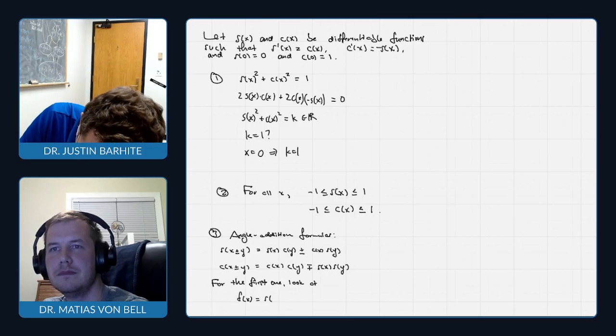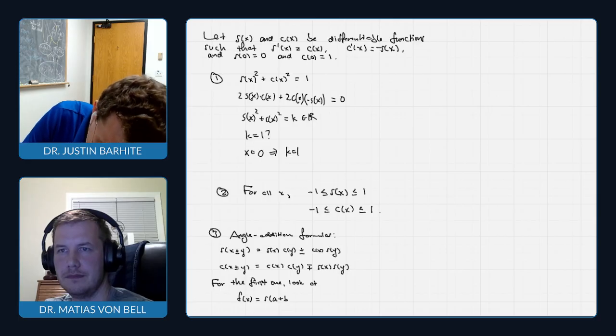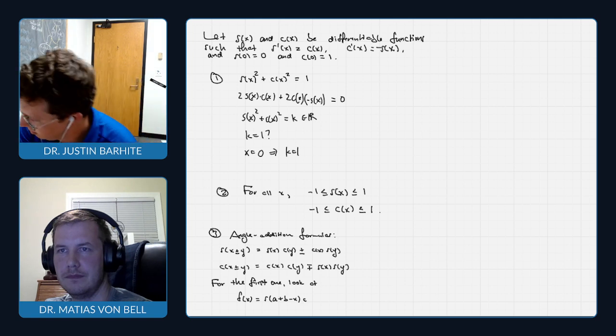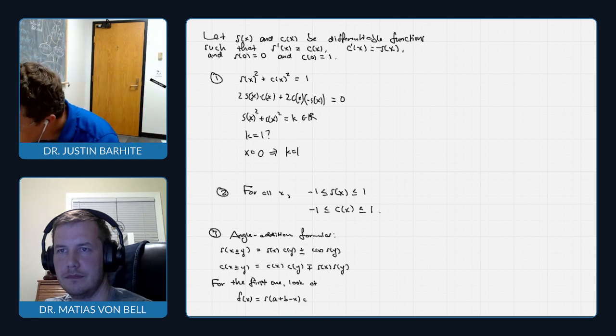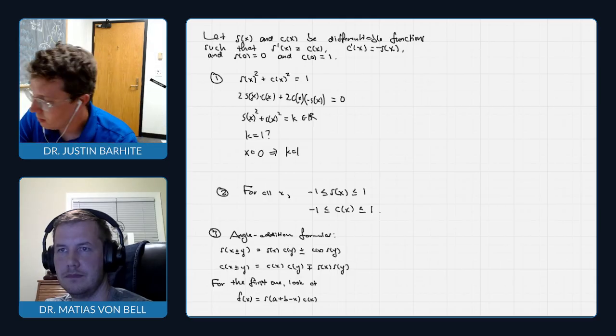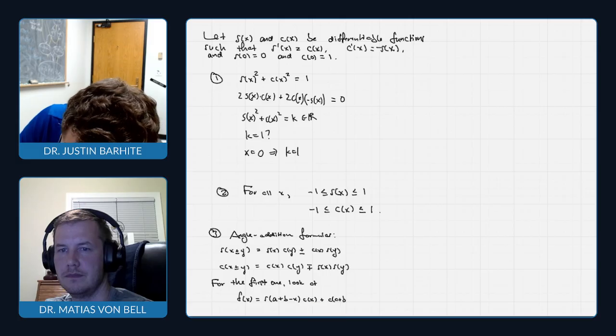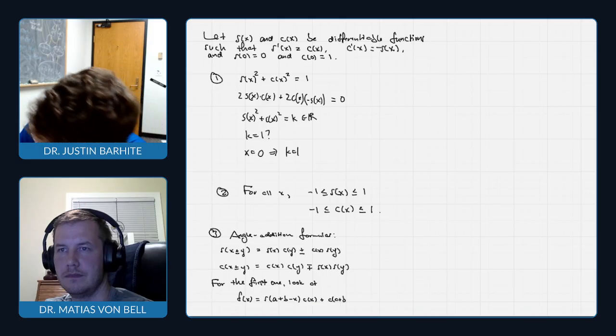The function that you look at is s of a plus b minus x times c of x. That looks a little complicated, right? That's only half of it. Plus c of a plus b minus x times s of x.